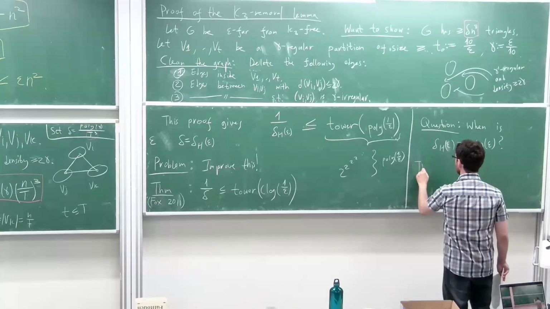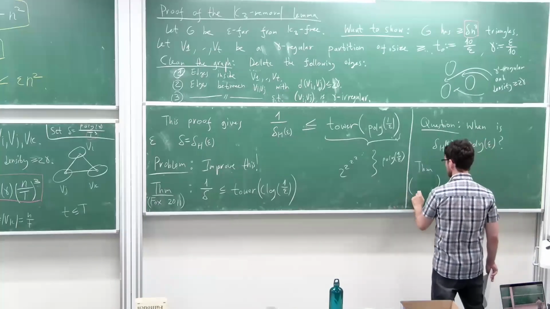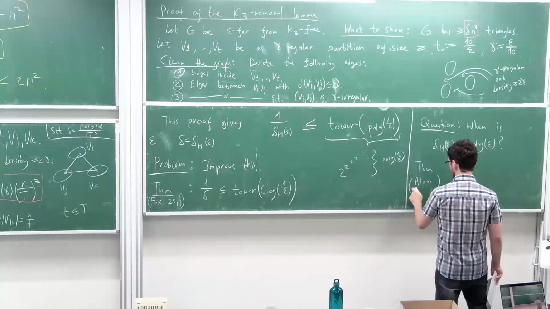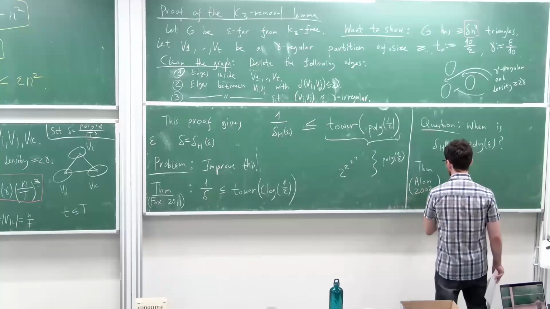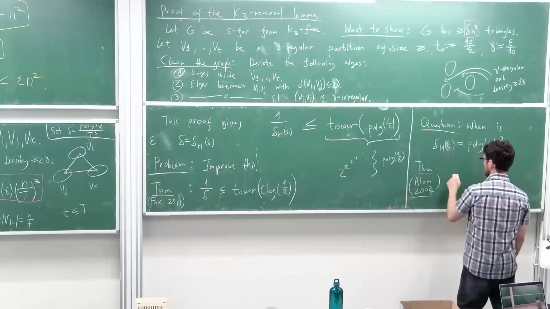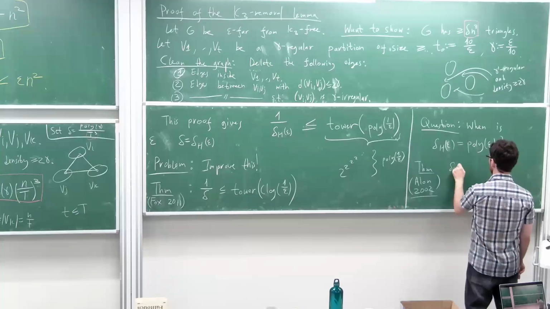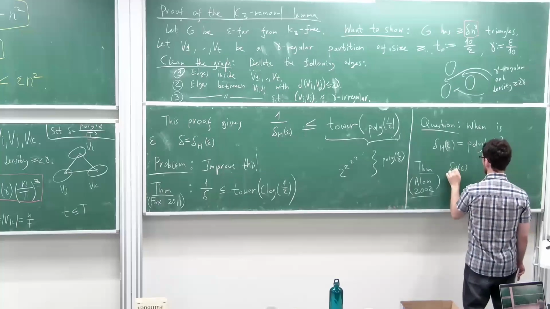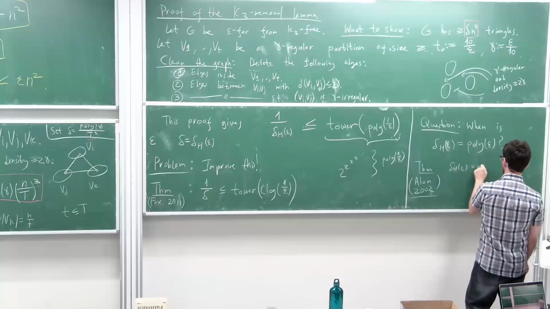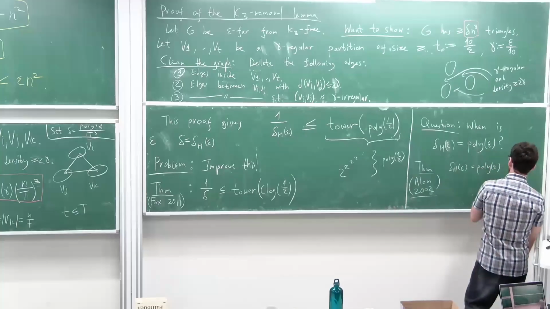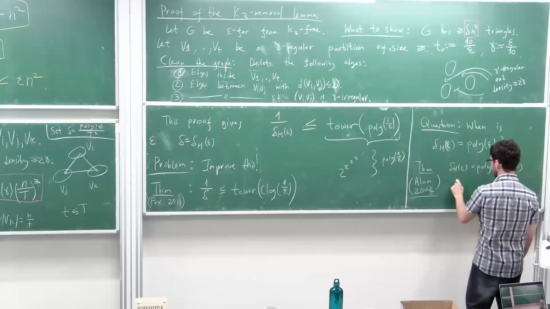The theorem that we'll prove tomorrow, by Alon from 2002, is that delta H of epsilon is polynomial if and only if the graph H is bipartite.